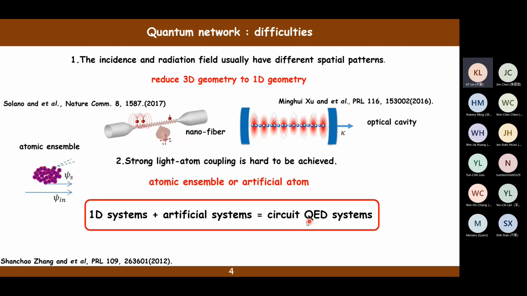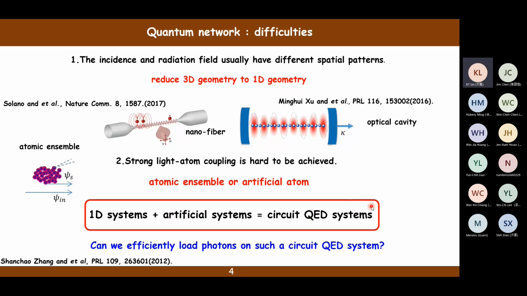A famous one nowadays is known as the single-qubit system. So in our work, the model system we consider is the single-qubit system. And so we ask a question: can we efficiently load photons on such a single-qubit system? Okay, this is our starting point.